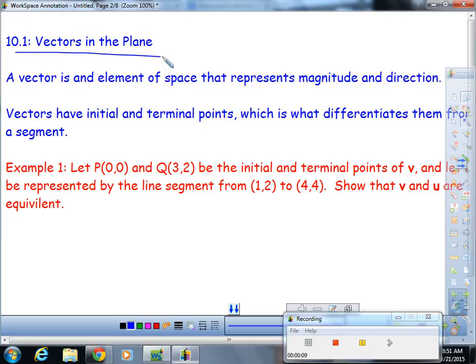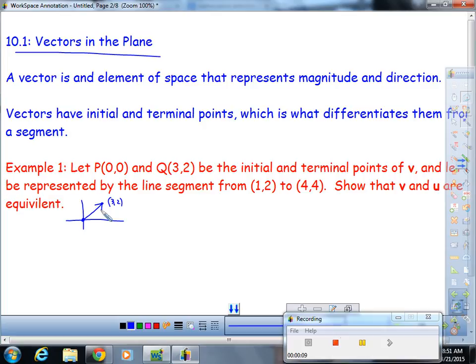So in this little example here, they want to show that PQ, or that vector v, is equivalent to vector u. So if I just sketched vector u, it starts at the origin, it terminates at (3, 2). Again, this is the terminal point.